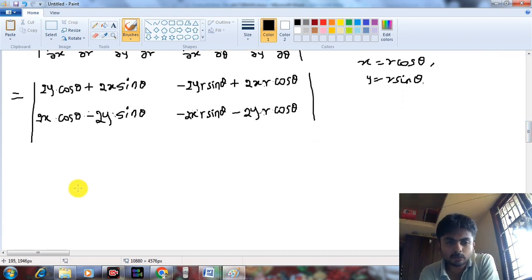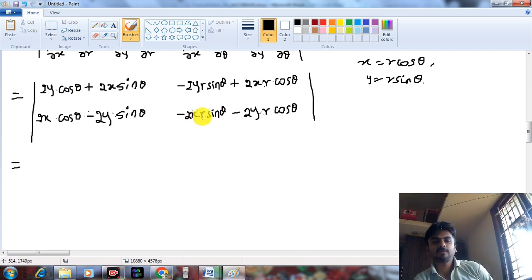So since minus is common here, we can take the minus outside, but since we are going to multiply, we can simply write all the terms together. First term into first term, and first term into second term, then second term into first term, second term into second term.